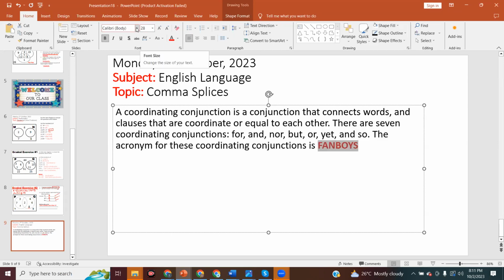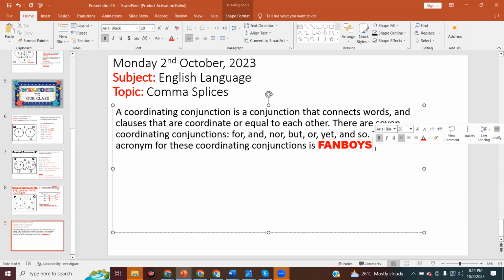The A is for and, the N is for nor, the B is for but, the O is for or, very good. The Y is for yet, and the S is for so. Very good.